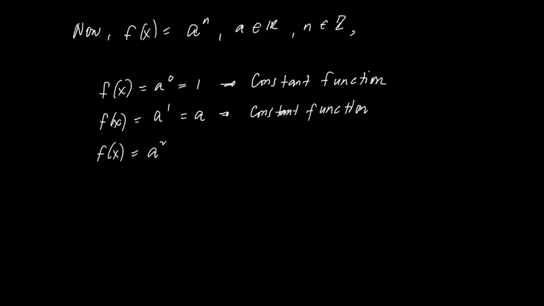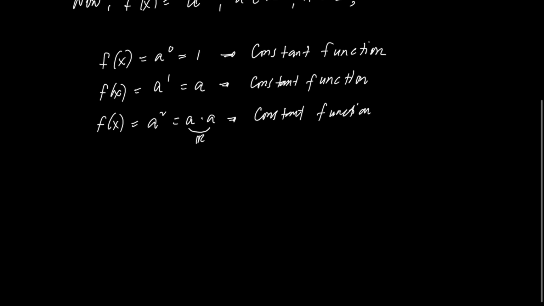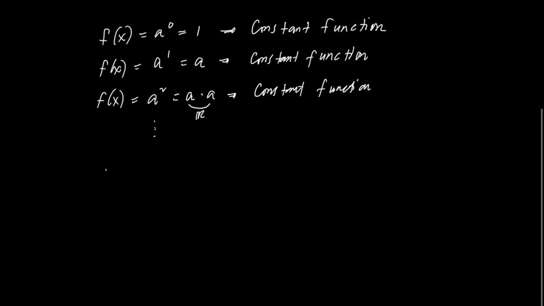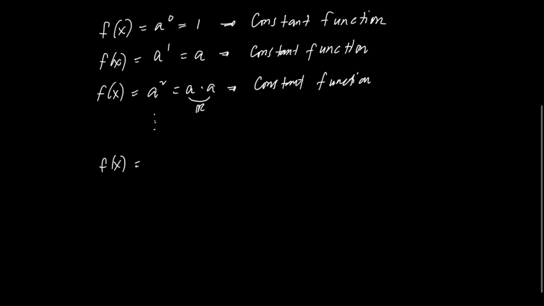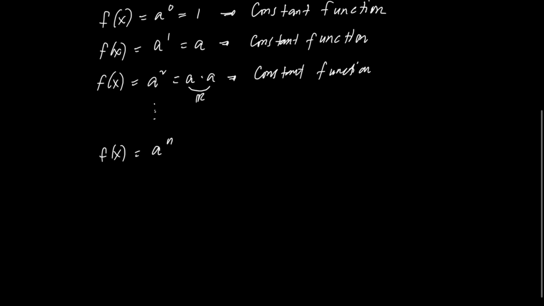Take note, guys, that a squared is just a times a, and a real number times a real number is also a real number. So therefore, this function here is also a constant function, and so on. So therefore, our f of x equals a to the n is just a constant function.